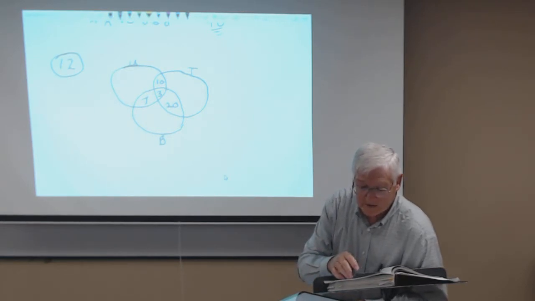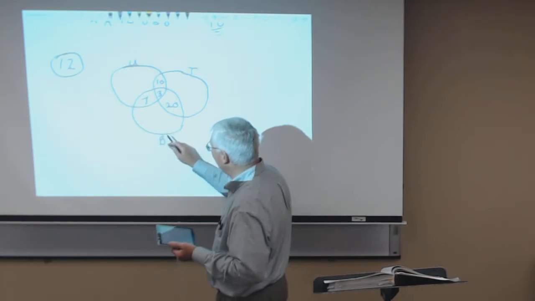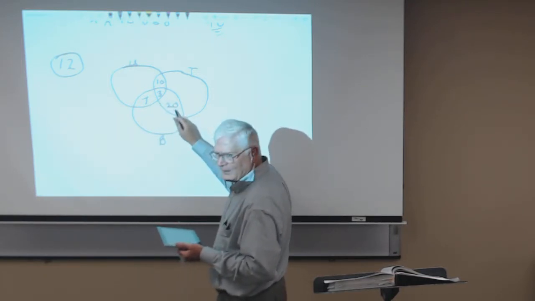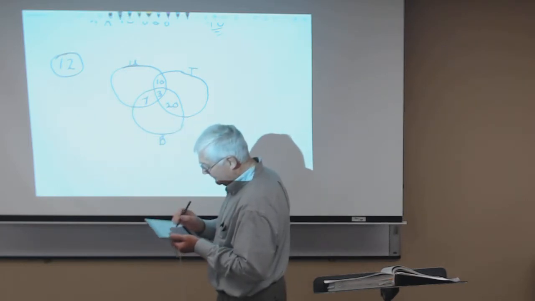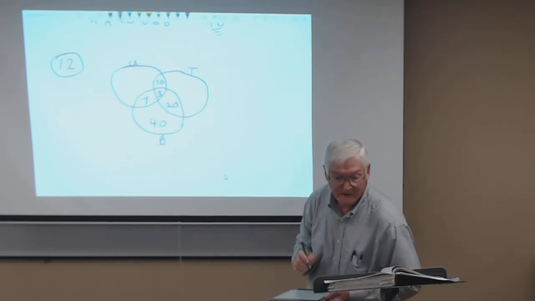Now, look what it says next. 70 own bonds. So down here under bonds, I'm supposed to have 70. What do I have? 7 and 3 and 20 add up to what? 30. So what do I need out here? 40. 40 to make a total of 70.